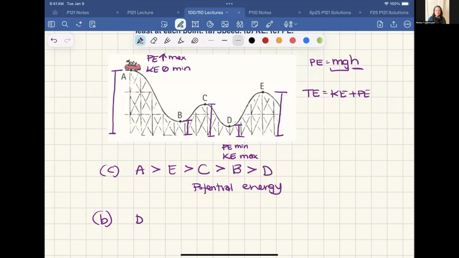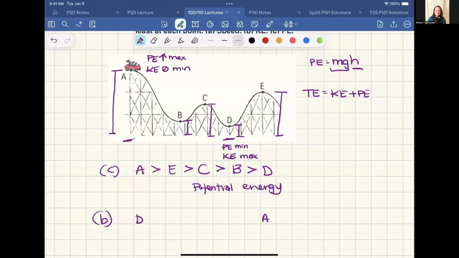So we've labeled our points where we're at our maximum kinetic and minimum kinetic. And that is showing us that the kinetic energy is just going to be opposite of the potential energy.